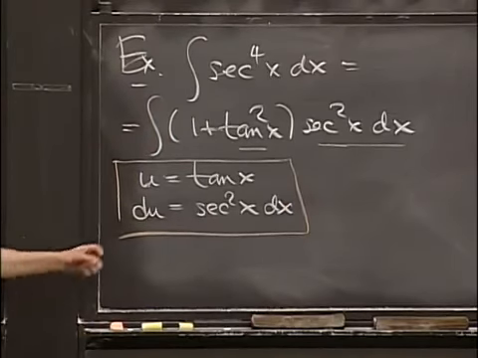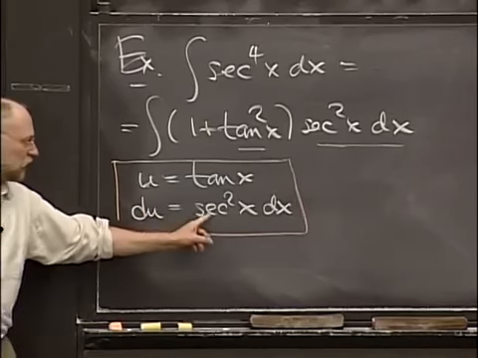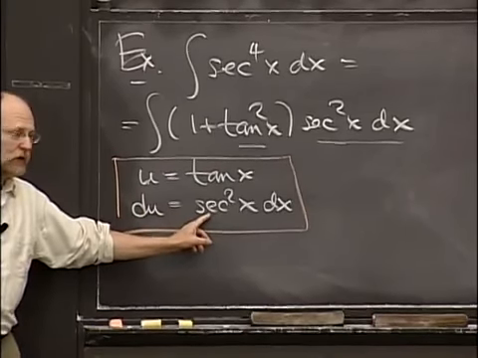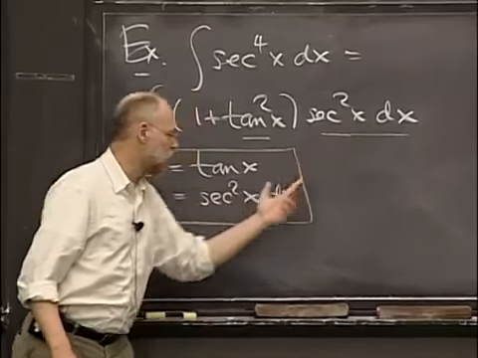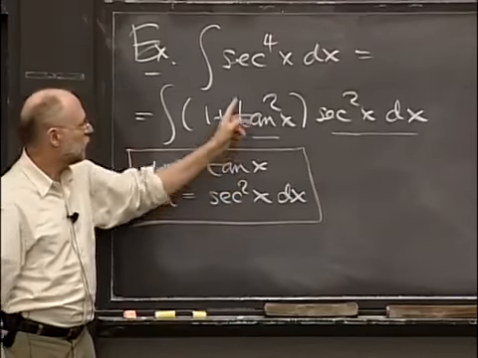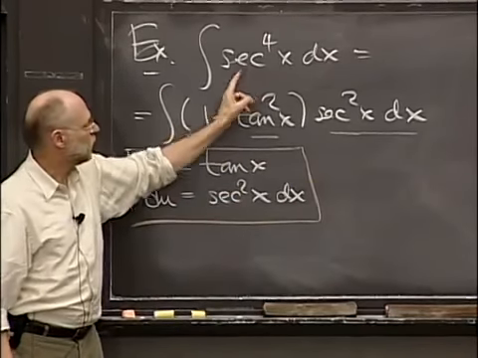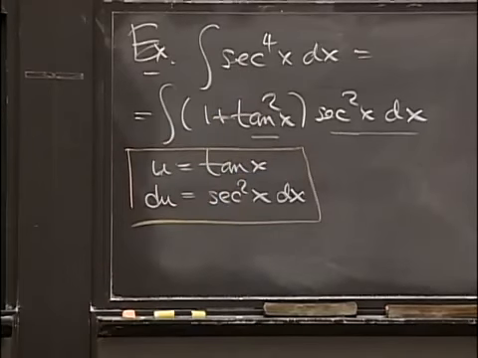So the possibility of making this substitution and seeing a secant squared appear as part of the differential here, that's why it was a good idea for me to take 2 of the secants and write them as 1 plus tangent squared.